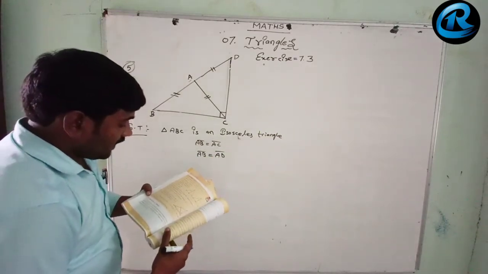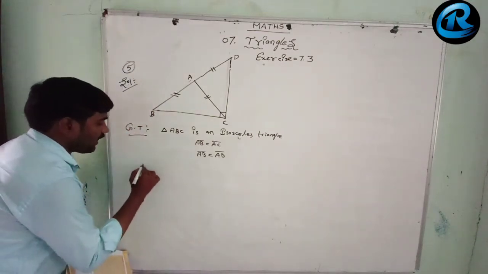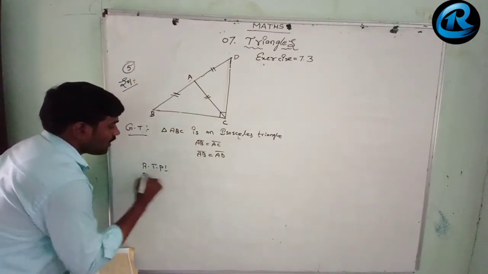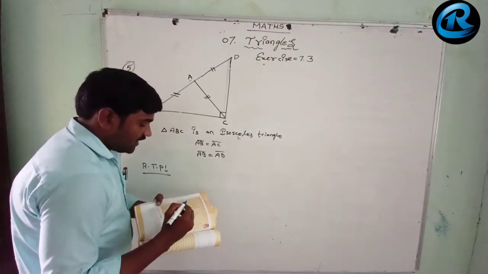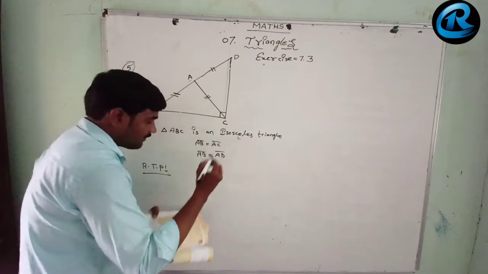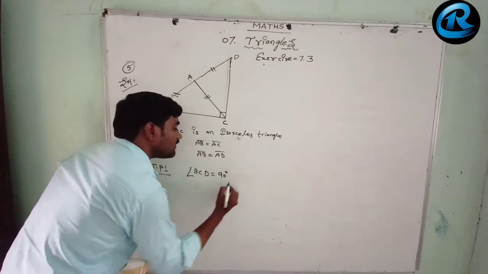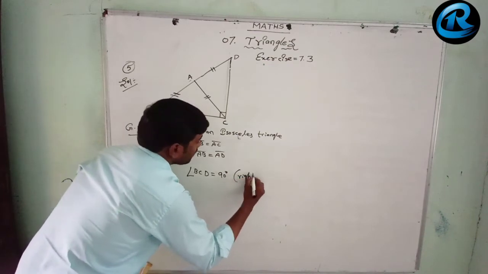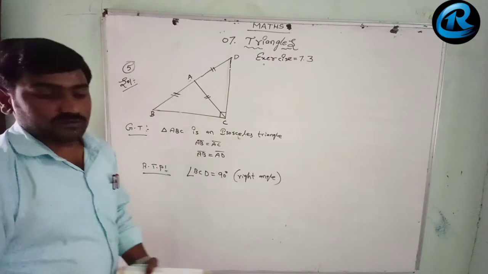See in the figure. We have to show that angle BCD is a right angle. So angle BCD has to be shown as 90 degrees. We have to prove it is 90 degrees.